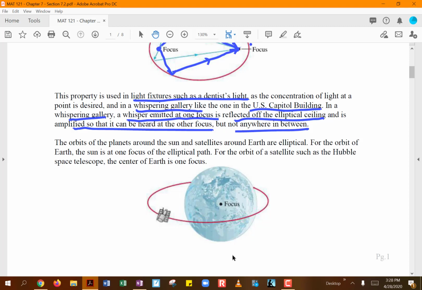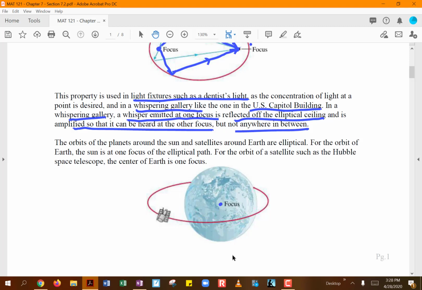So when you're talking about making an orbit around the Earth, the center of the Earth acts as one focus point, and if you are talking about the orbit of the Earth around the sun, then of course the sun is going to be at one of the focus points of our elliptical path.